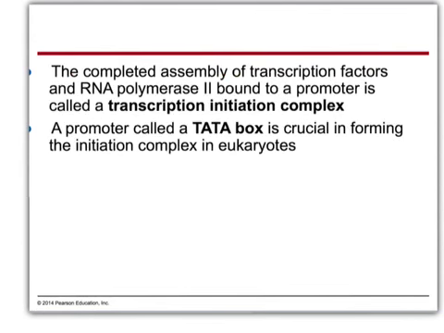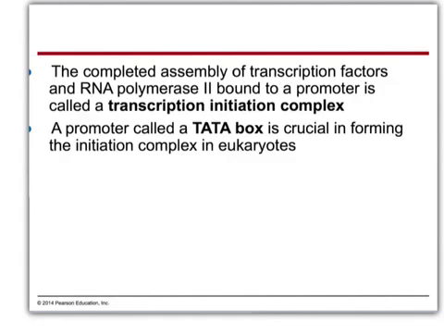All right? So those proteins that bind to the promoter help recruit RNA polymerase II to the right point to begin, and help to stabilize the interaction between RNA polymerase and the promoter. Okay?